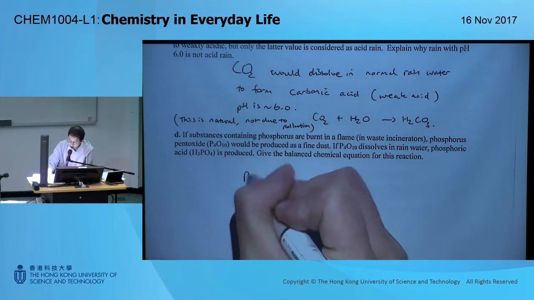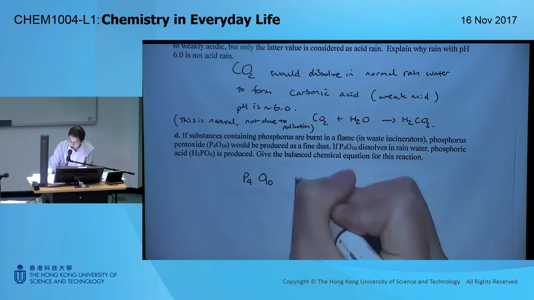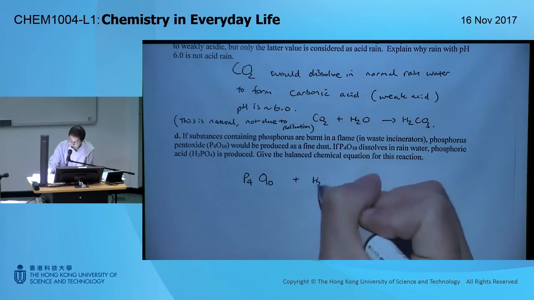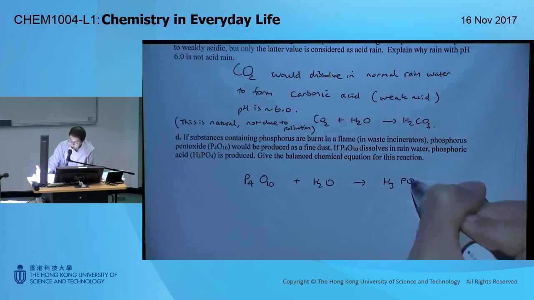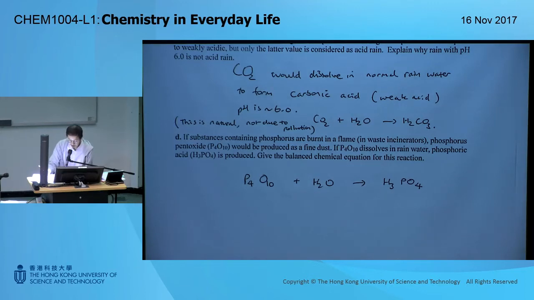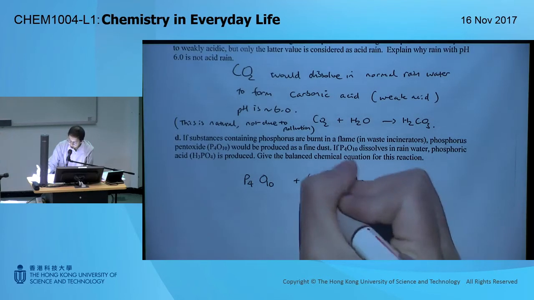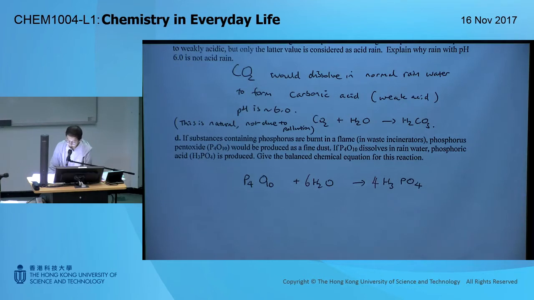So basically, P4O10 is now reacting with the rainwater H2O to form phosphoric acid H3PO4. And the most difficult part of this question is just getting this to balance. Okay, it's a bit of a tricky one. And surely after a bit of struggle, maybe, you should find that the balancing numbers are 6 and 4.